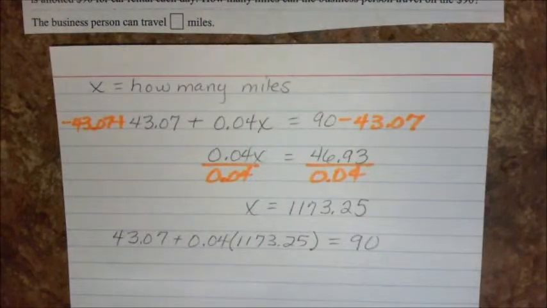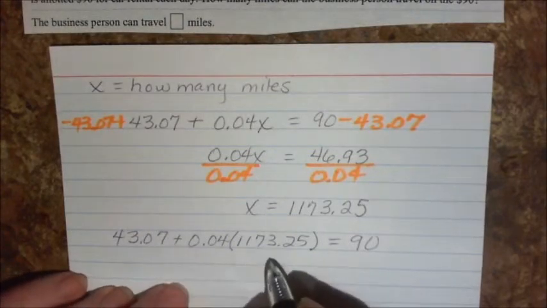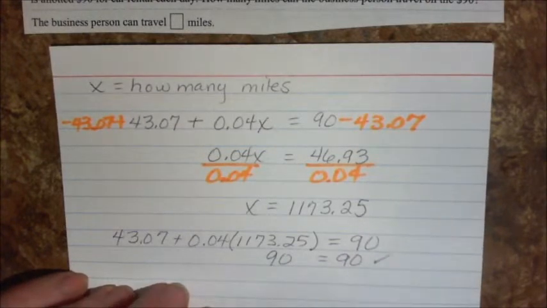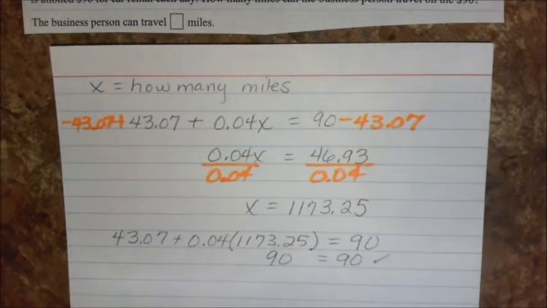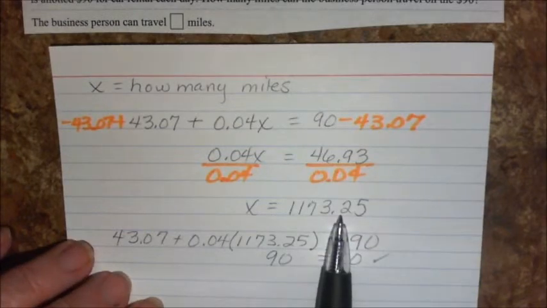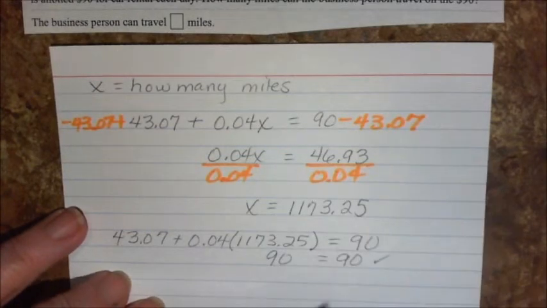We do our multiplying first, and then we add, and when we do the calculations, we see that this side is 90 and matches this side. Okay. Alright, so the answer to the problem is x, how many miles the business person can travel.